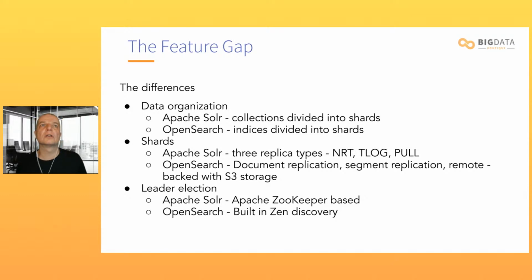The TLog replica uses the so-called transaction log in Solr, which is a write-ahead log file that writes the data first, and then it's indexed. Not to get too deep into the technicalities here, but it allows you to save some, let's say, hardware resources, and only pull the data from time to time.